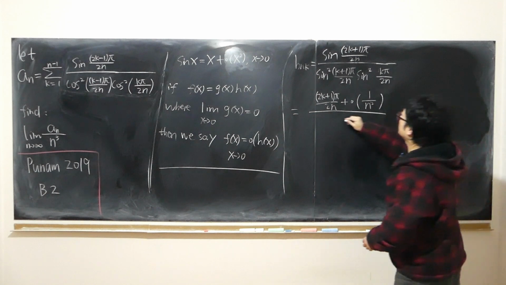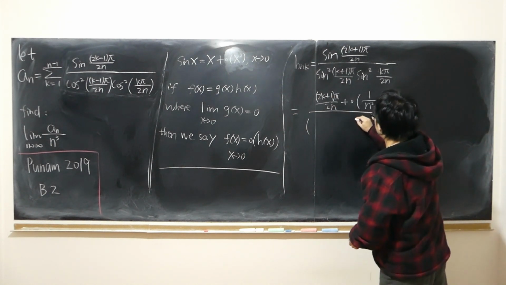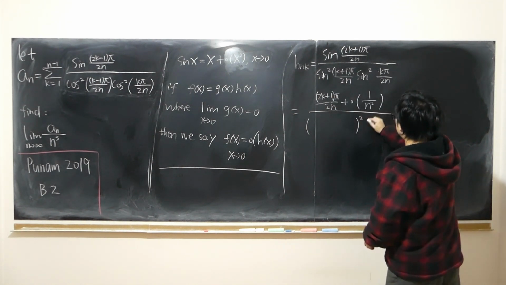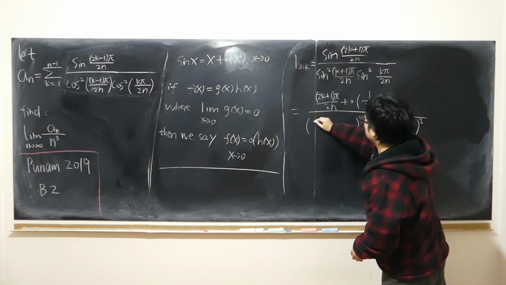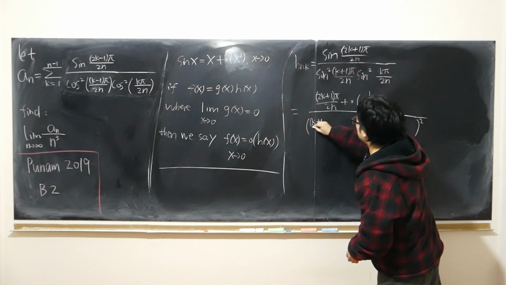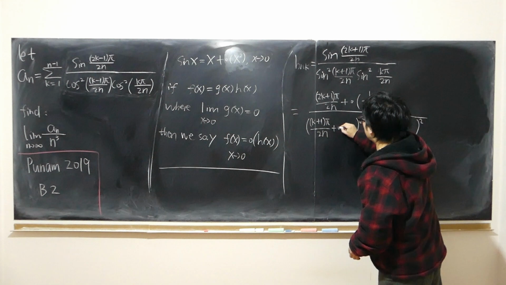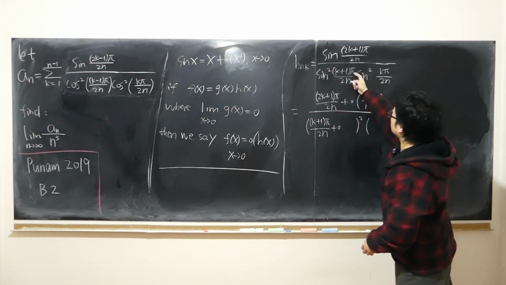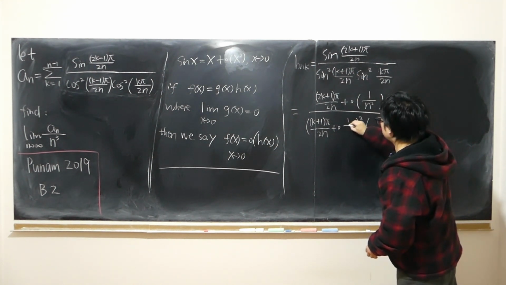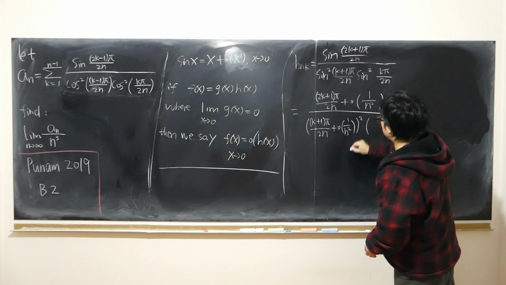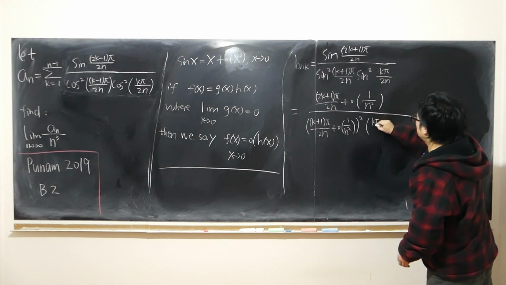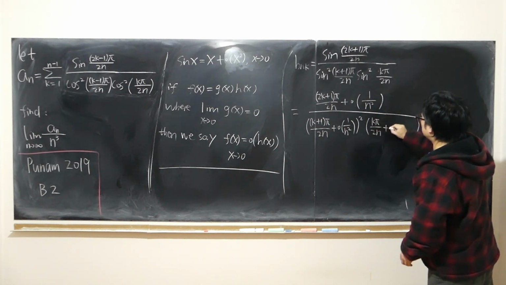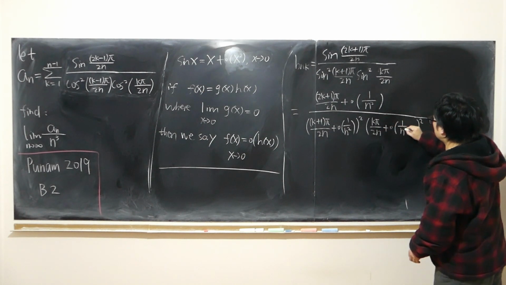So this square times this square. Inside the square we have, again, (k plus 1) times pi over 2n plus little o of, disregarding all the constants, just 1 over n squared. Likewise, k pi over 2n plus little o of 1 over n squared.